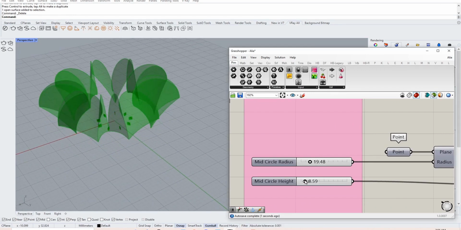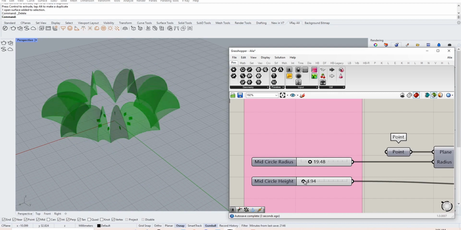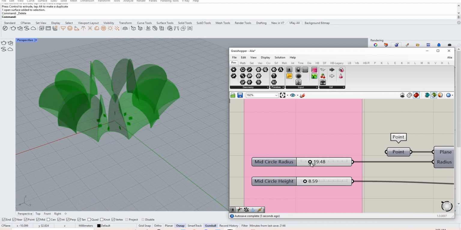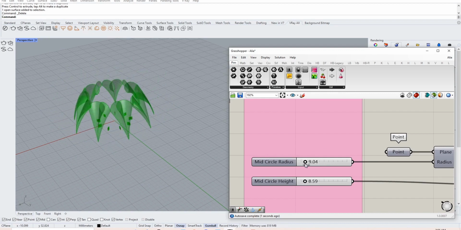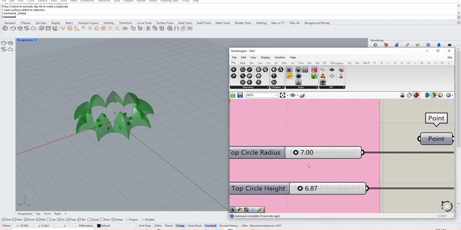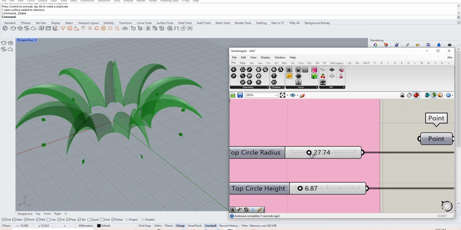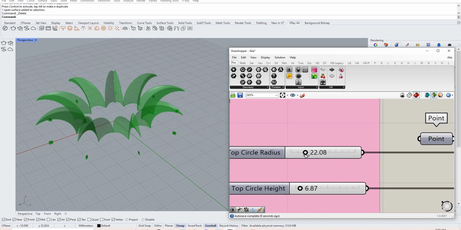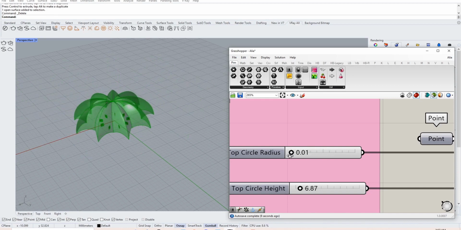of the rib. And also by changing the height, we can decide if we want to make the curve elevated or not, like that. So this is changing the height on its own. And for the top circle, it can help us open up the curves and arches.